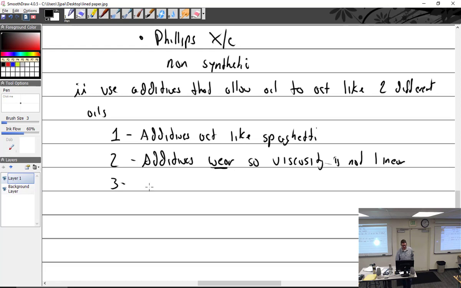So obviously, during cold starts, or any start really, oil acts like the lower number.